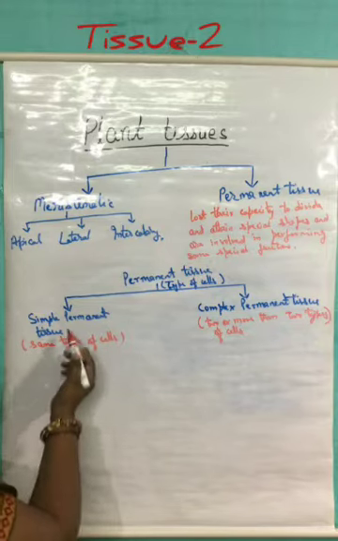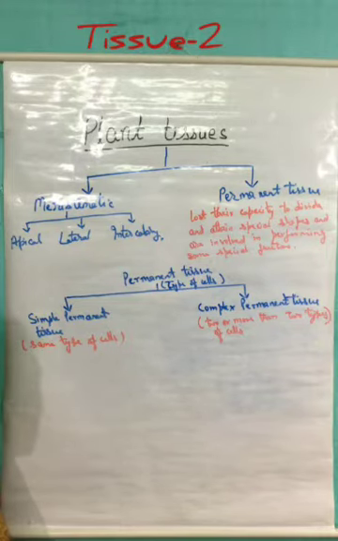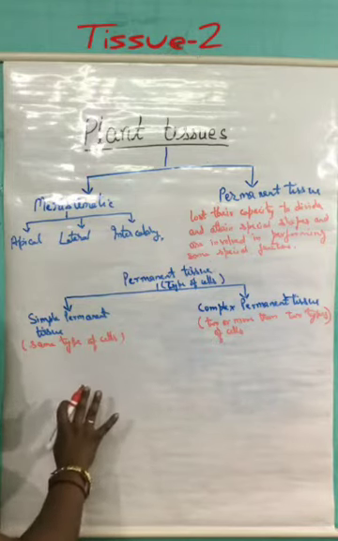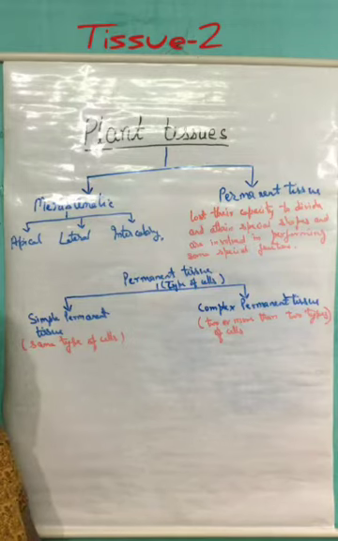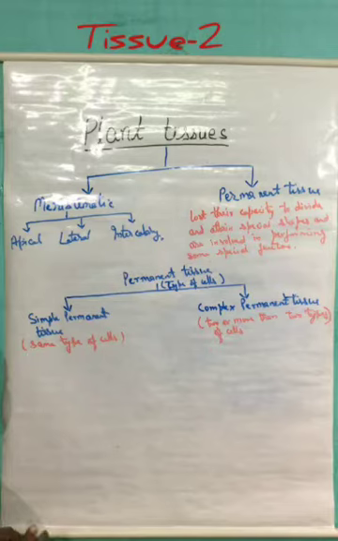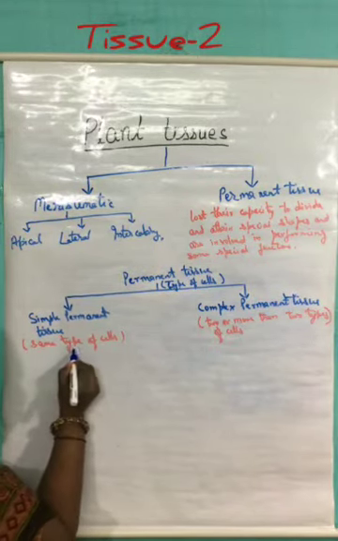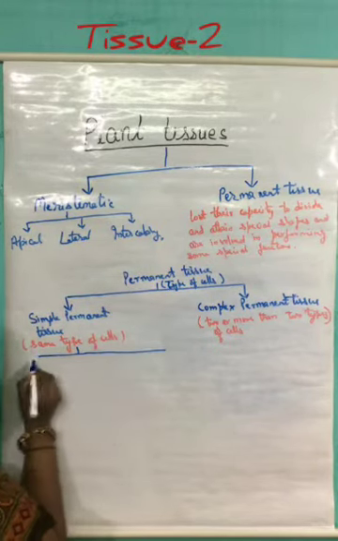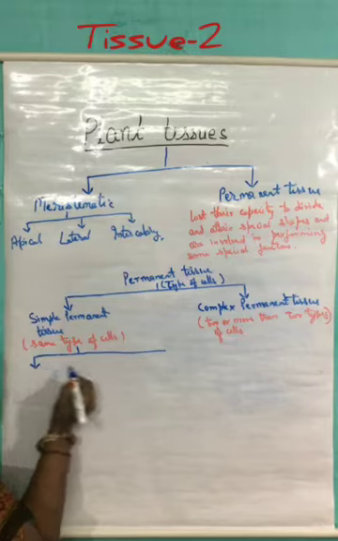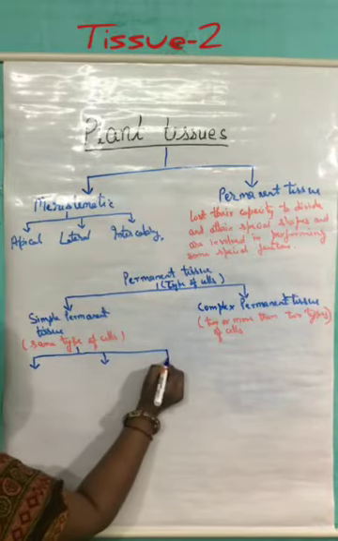Already we have discussed that simple permanent tissues are made up of the cells of the same type. That means they are structurally similar, and if they are structurally similar, they are going to perform similar function. Now, further, the simple permanent tissue can be classified into three types.